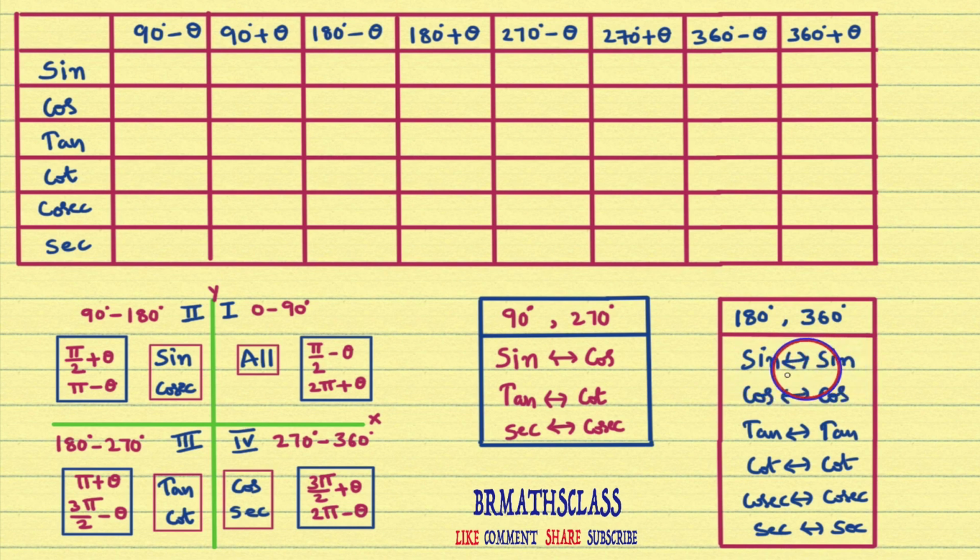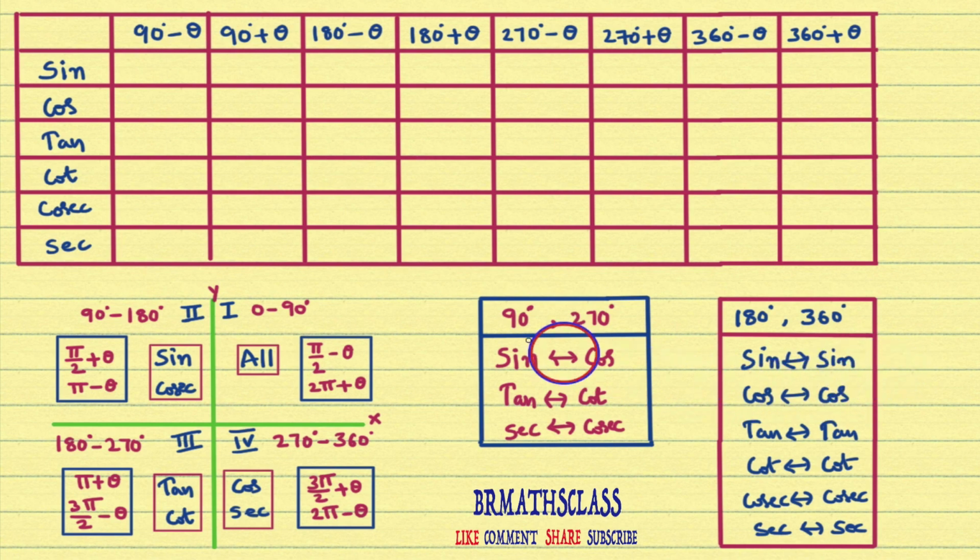Sine remains sine only, cos remains cos only, tan remains tan only, cot remains cot only, cosecant remains cosecant only, secant remains secant only. So before starting to write all these things, you must be thorough with these 3 points.